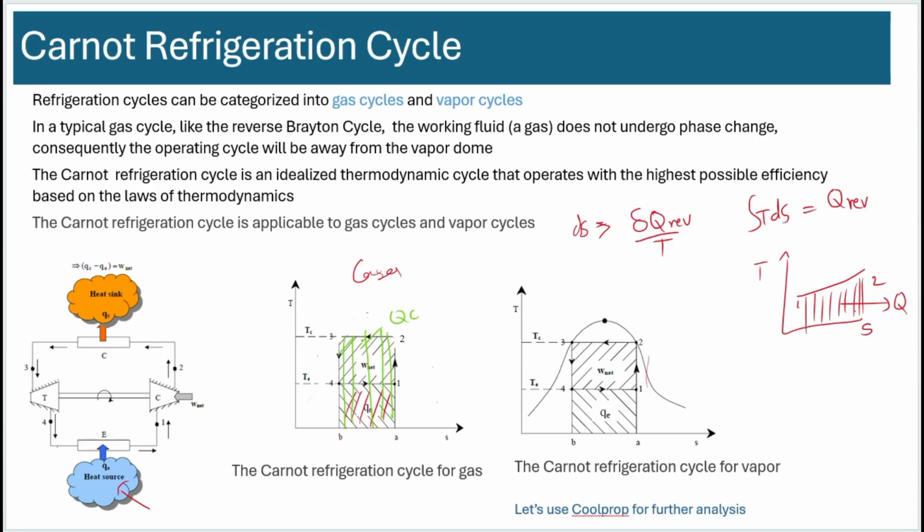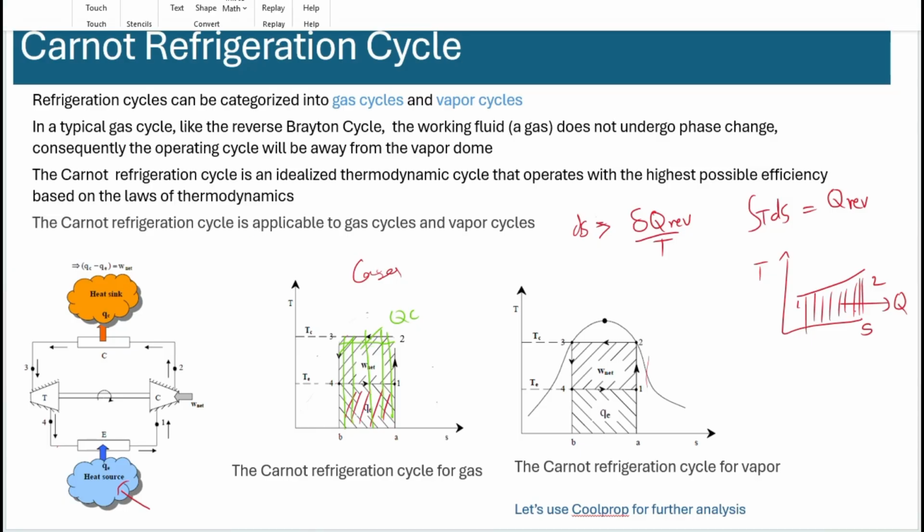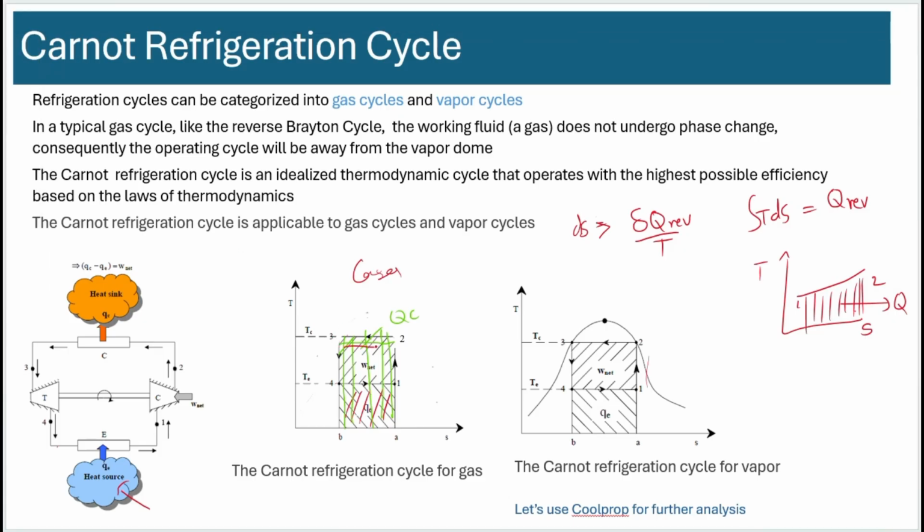The area inside is basically QC minus QE, which is the net work. So the area enclosed within the process 1, 2, 3, 4 is the net work, which is equal to QC minus QE.